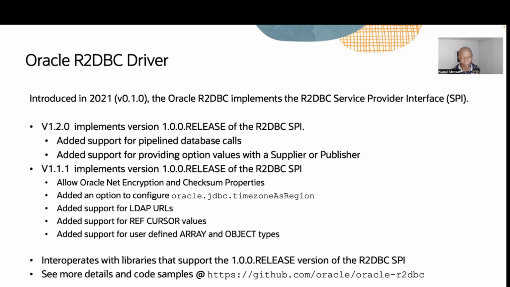We added support for pipelined database calls and also the option to give optional values for supplier and publisher. So R2DBC, as I said, is a de facto reactive streams implementation for database vendors.